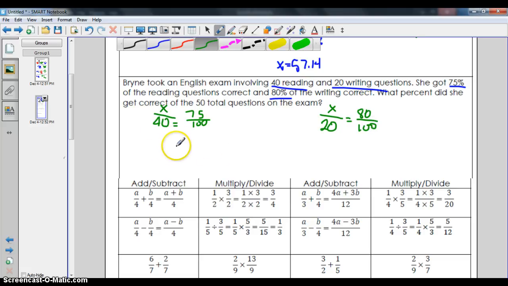So we could cross multiply, and we would wind up with 30 questions correct on the reading. And cross multiply, and we would get 16 questions correct out of the writing. So together, she got 46 questions out of the 50. And that would be a score of 92%.